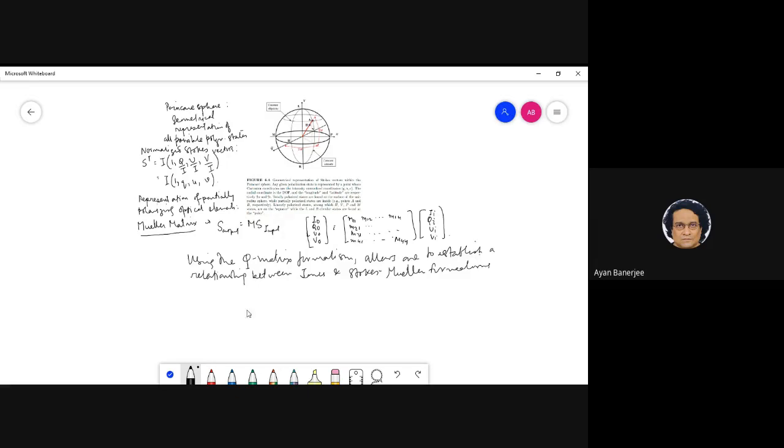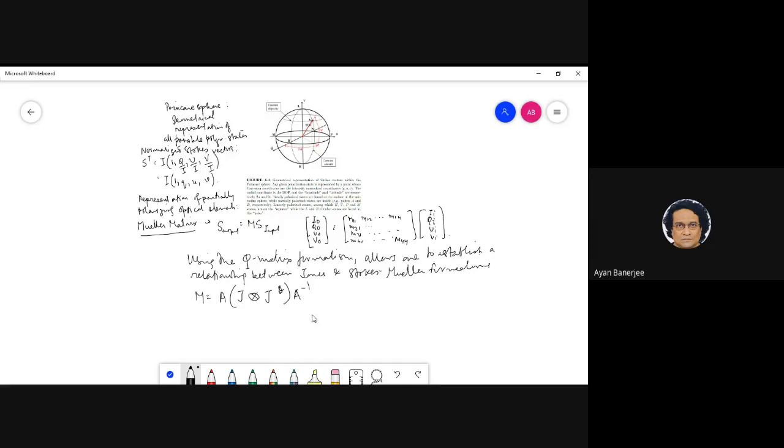So again, this is something that I'm writing down, but this can also be proved. This is that A matrix that we wrote down, right? Any Muller matrix can be obtained from a Jones matrix by a tensorial product.